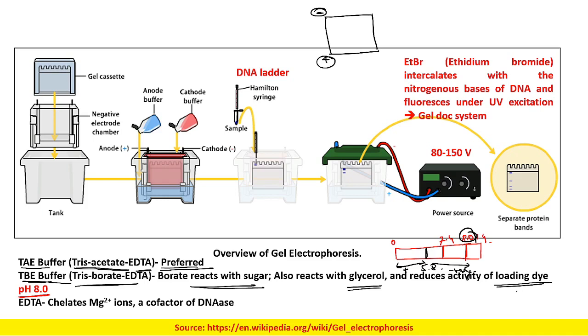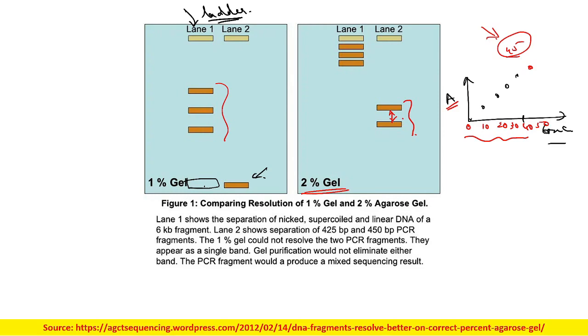What is a loading dye? There is a dye which is also added into the loading suspension, so you can tag these analytes with some dye, so that when you are running the gel, if it is invisible, what would happen?